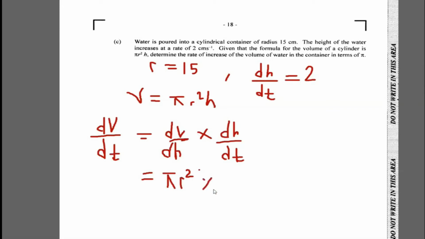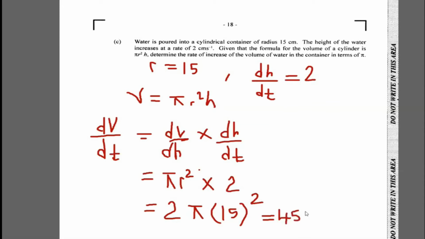And then that's multiplied by 2. So that means that dV by dt is 2 pi r square. But then what is r? R is 15, so it's 2 pi times 15 square. 15 square, I think that's 225, times 2, that's 450. And so dV by dt is 450 pi.